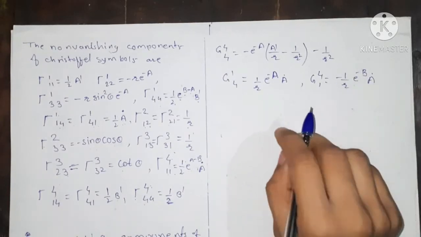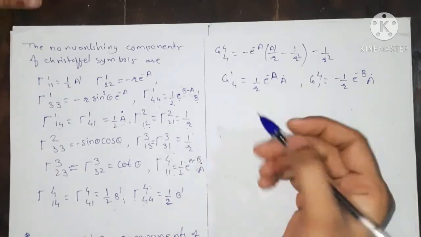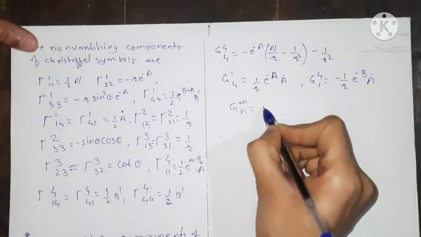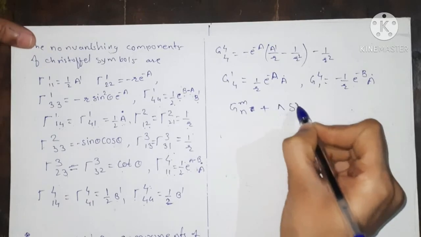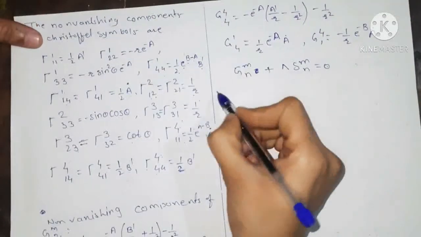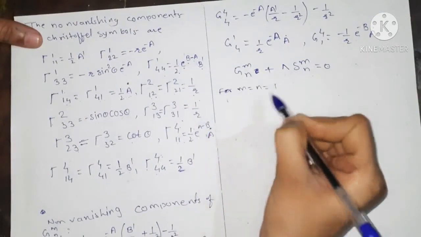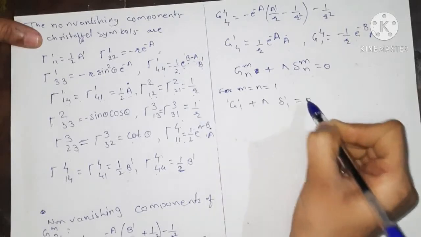Now we substitute these values of Gmn in the field equation, which is given by equation number 3 as Gmn plus capital lambda delta of mn equals 0. Okay, so for m equals n equals 1, we have G11 plus capital lambda delta 11 equals 0.